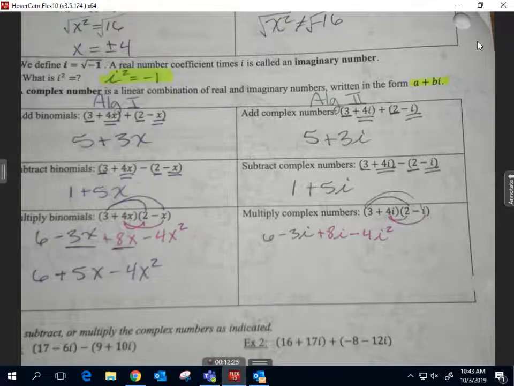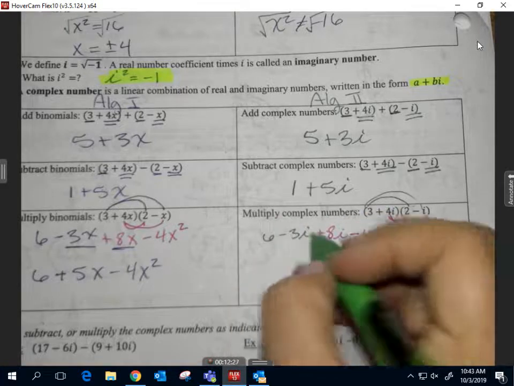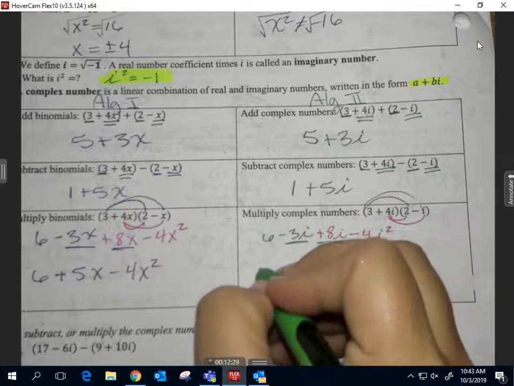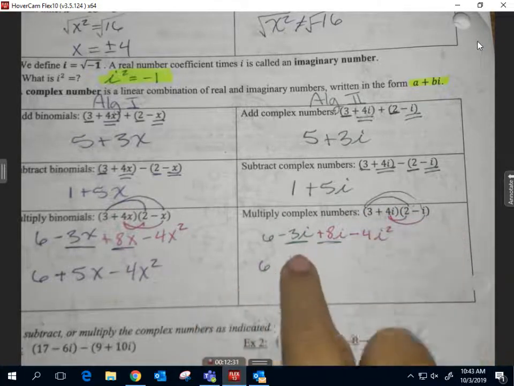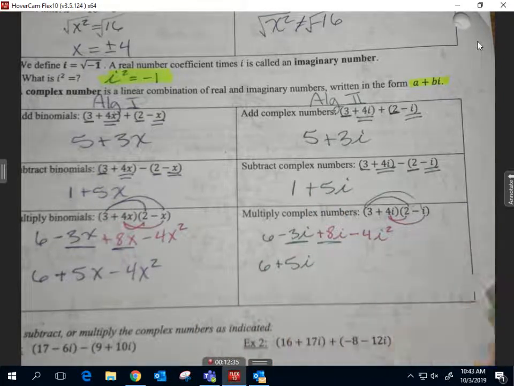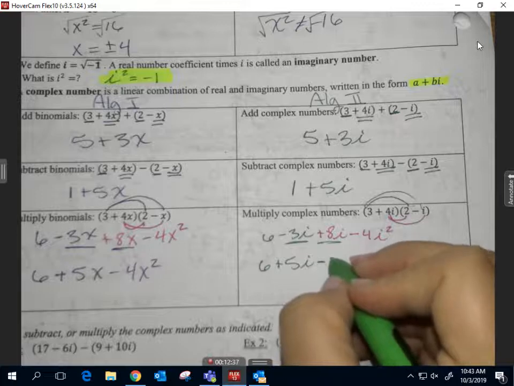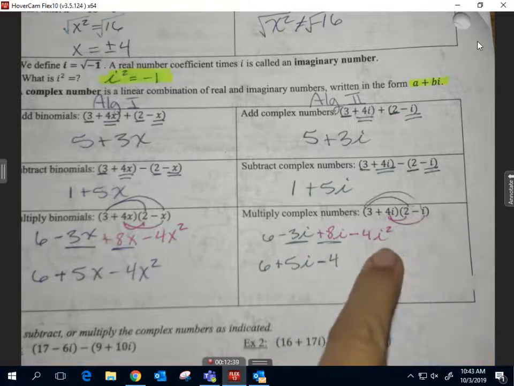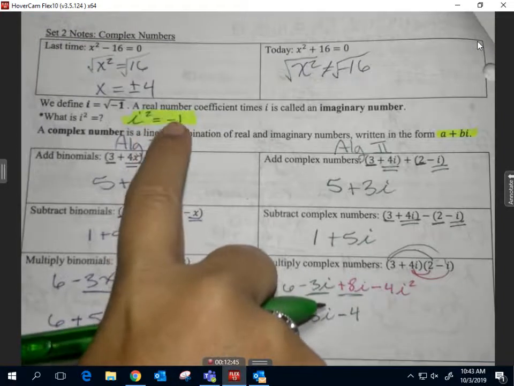Alright, so let's combine our like terms. So we get plus 5i minus 4, but oh, wait a minute. Don't we know what i squared equals? Equals negative 1. Didn't we say that up here? Yeah.